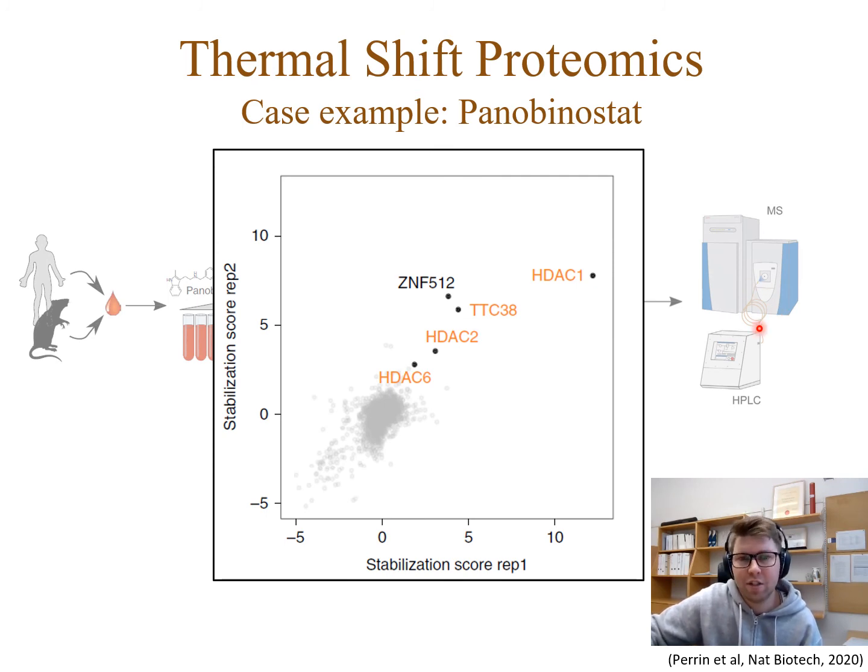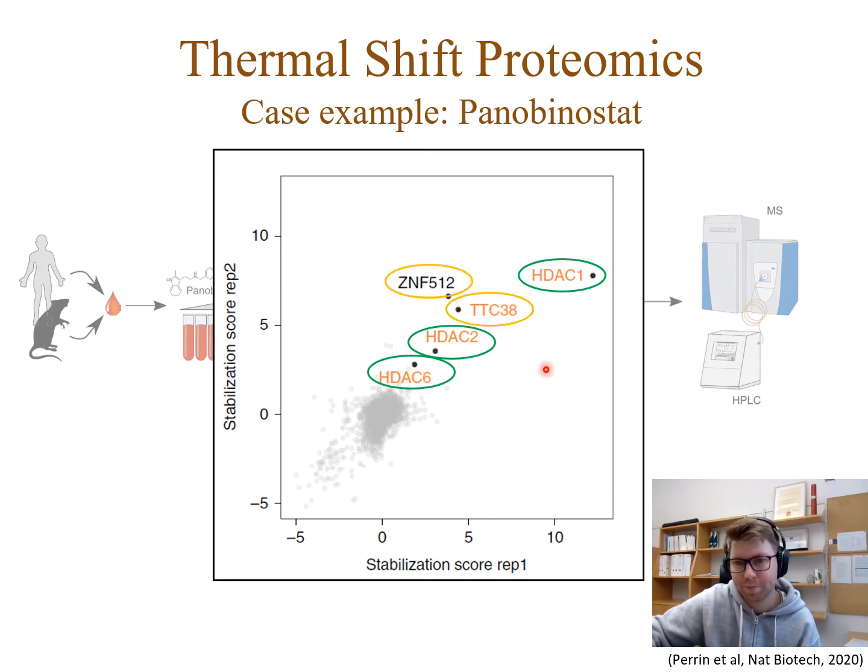So this analysis revealed 5 outliers that were stabilized by the HDAC inhibitor panabinostat. Three HDAC enzymes, called with their systematic names HDAC1, 2, and 6, were all stabilized by the inhibitor. But also 2 other proteins, the zinc finger protein ZNF512 and TTC38, were stabilized.